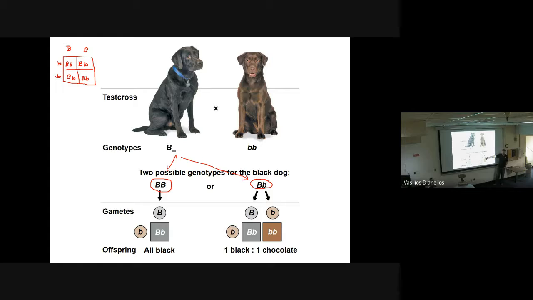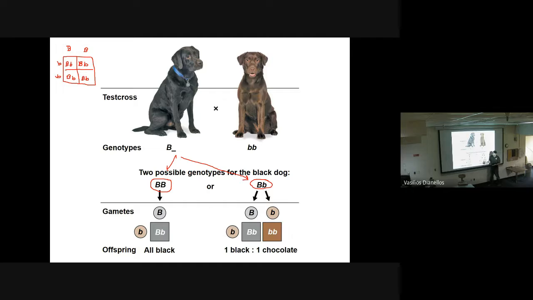You said no? In this case, the answer is yes, because remember, the brown dog is the recessive phenotype. So the only way you can get the recessive phenotype is if you have 2 recessive alleles, right? So if you get a brown puppy, that black dog for sure must have had a recessive allele. Otherwise, you wouldn't have had that.